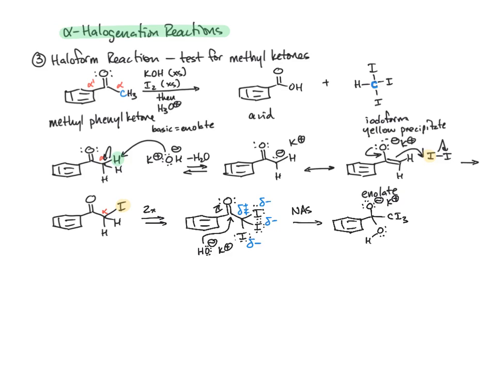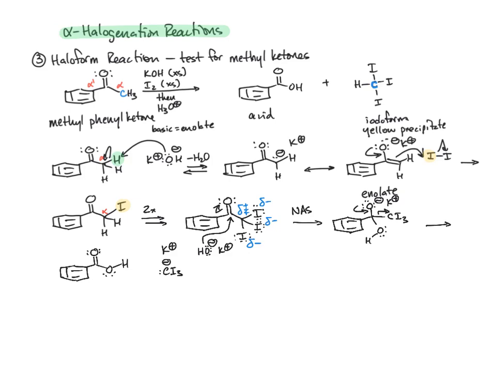Now the substitution happens through the collapse and reformation of the carbonyl. We're going to eject the CI3 group. We form an acid. We have this negatively charged carbanion balanced out by the positive potassium.